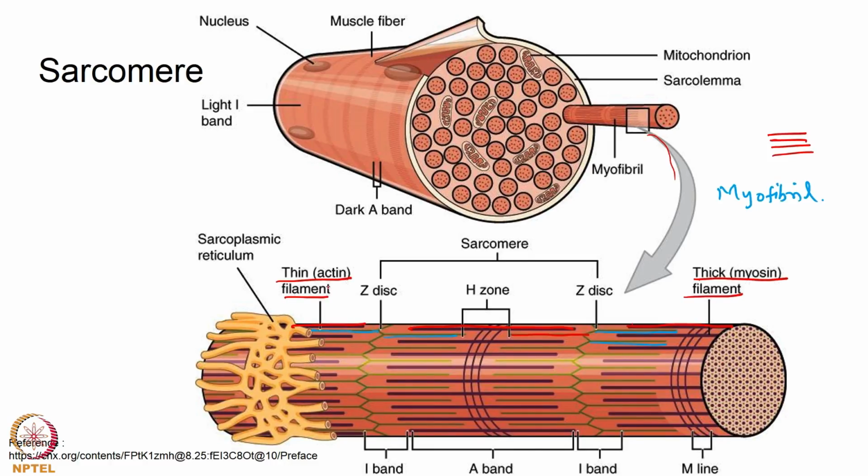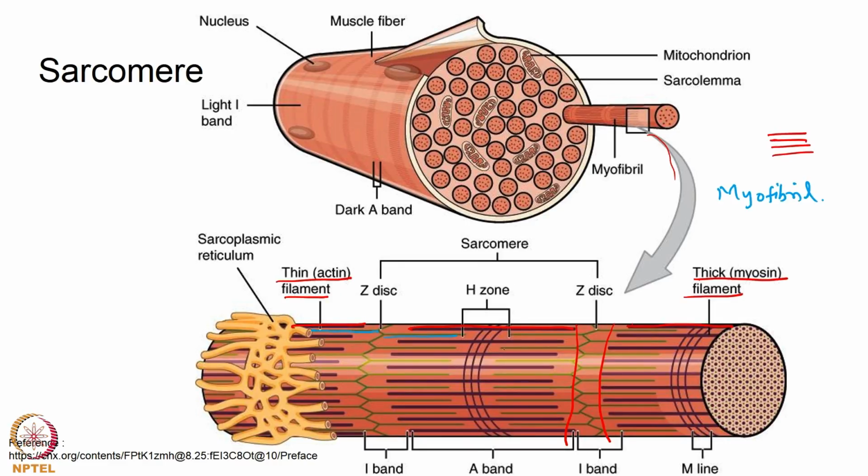The area where both the thick filament and thin filament are present appears as a darker band, and the area where only the thin filament is present, say that zone, is going to appear as a lighter band.